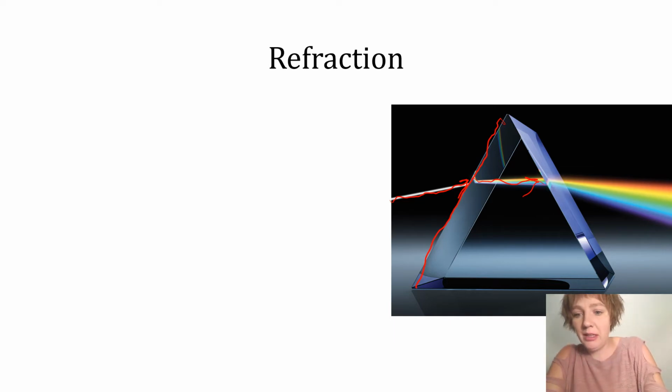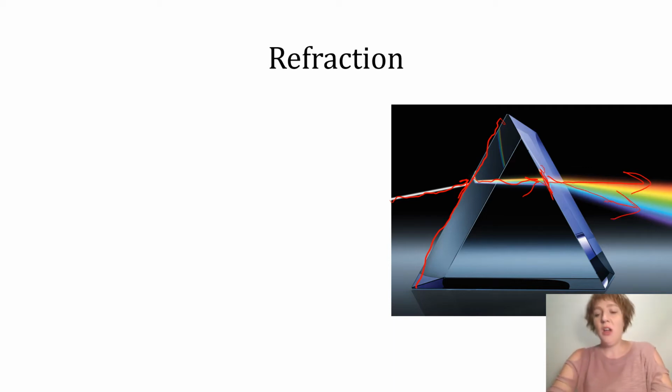And then when it hits this interface, it's going to bend again, going from the air into the glass, and then from the glass into the air, and it's going to spread out again. And so you get all of these refracted waves on the other side. So the waves coming in are called incident rays, and the waves going out are called refracted rays.